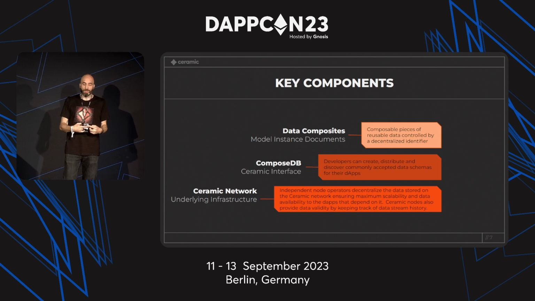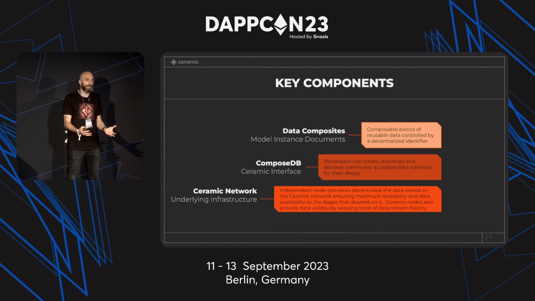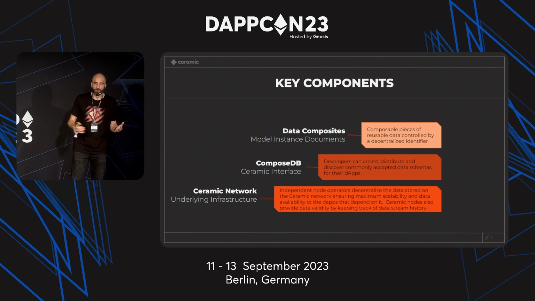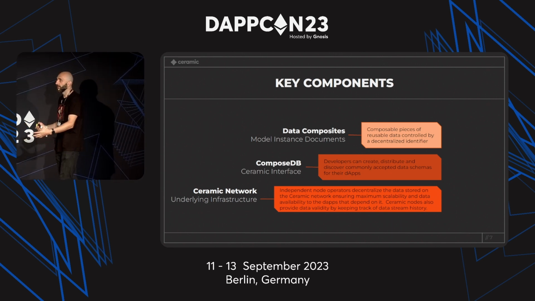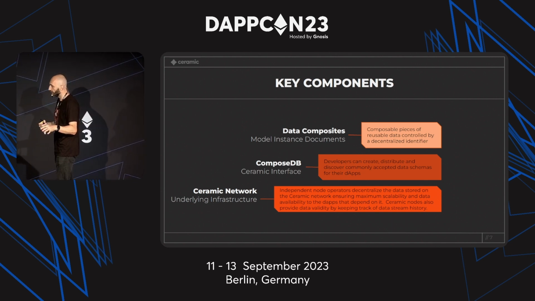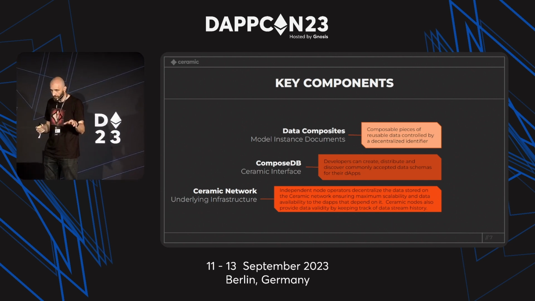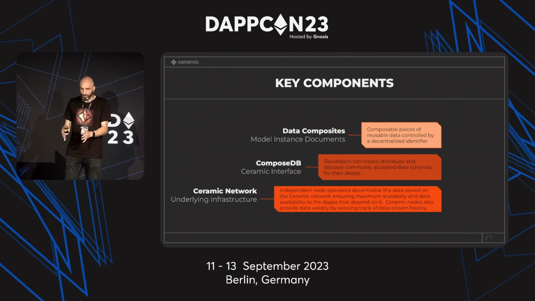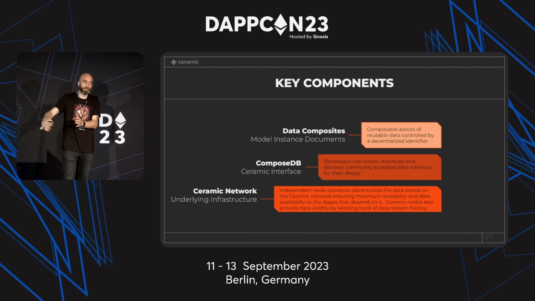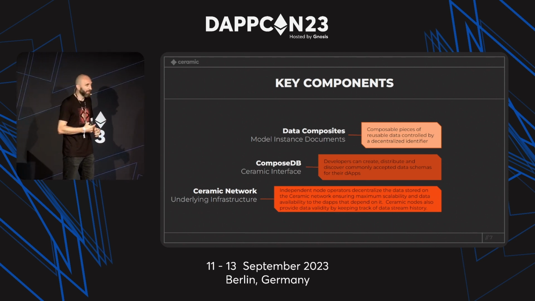Then layer 1 is the Ceramic interface, which is ComposeDB. You use it like a database that you use in Web 2. You set the queries, you get the data back, you update the queries and so on. But the question is that a proprietary database has no visibility for anybody other than you, so everybody needs to trust that.